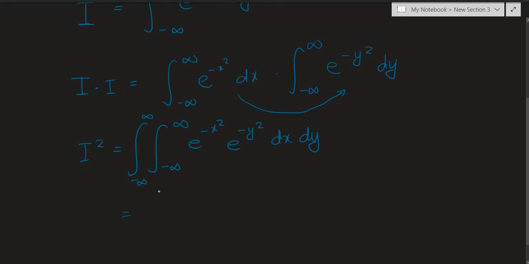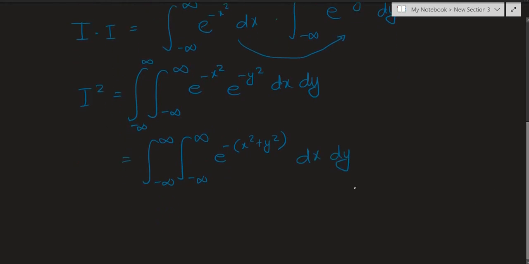Now by the properties of exponents we can write this as the integral from negative infinity to positive infinity of the integral from negative infinity to infinity of e raised to negative, I can take the minus out common, x squared plus y squared, dx dy, and this is nothing but I squared.